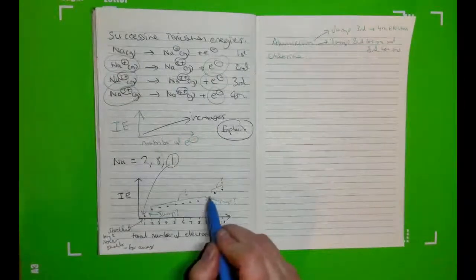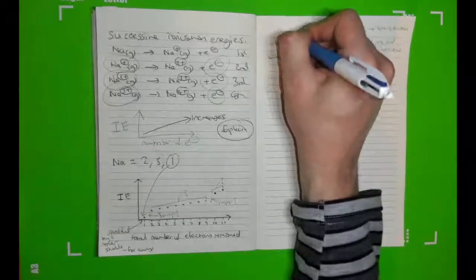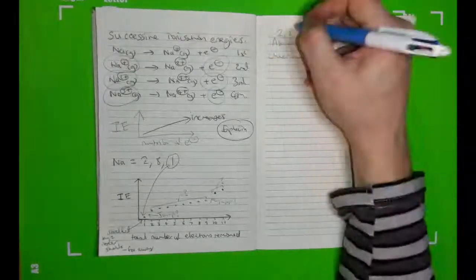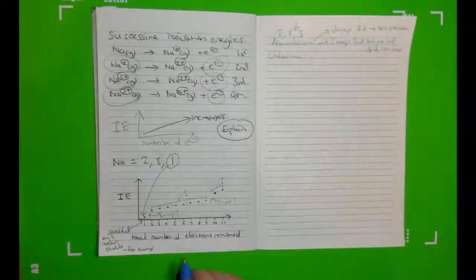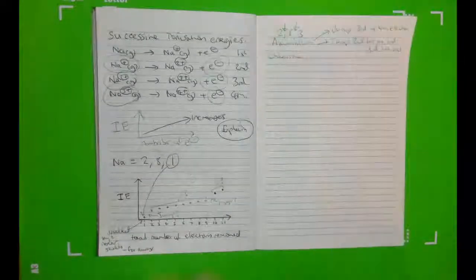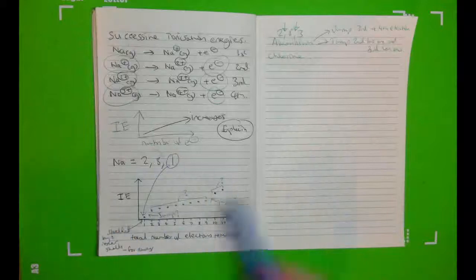Just like there's a jump here. Okay. Remember the electron arrangement of aluminium is 2, 8, 3. So you see a jump due to that and a jump due to that. So you need to plot the graph and you need to explain that one.